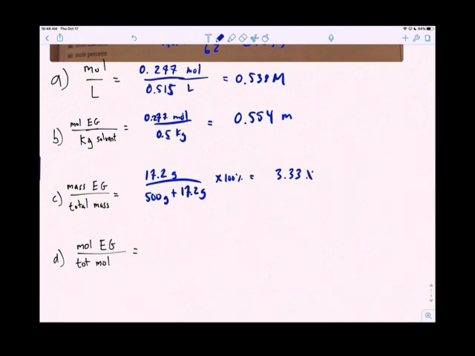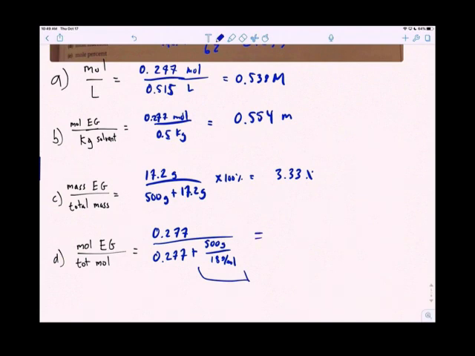And then mole fraction. It's going to be moles of ethylene glycol, not the mass, 0.277. That's moles of ethylene glycol, and the total moles is ethylene glycol plus water. For water, we have 500 grams and 18 grams per mole, so this term is the moles of water.